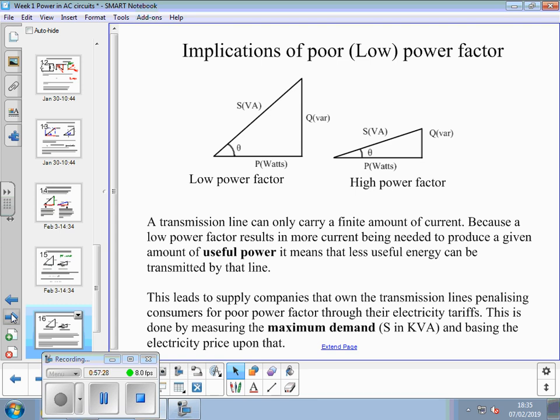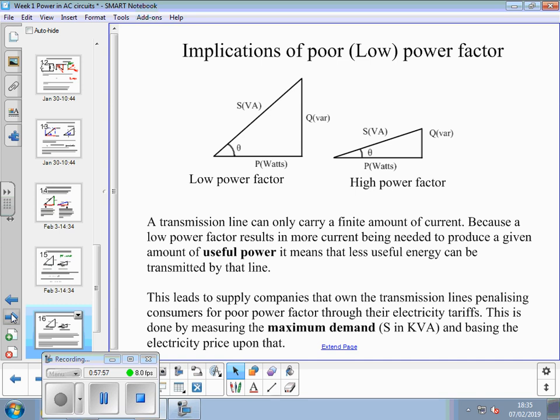So they take a reading of S every so often over a billing period, and then the price of your electricity is based on your maximum demand for current, based on the maximum S. So if you have poor power factor at the time when they take a maximum reading, you get penalised in your bill for that particular billing period, which is probably quarterly, I don't know.